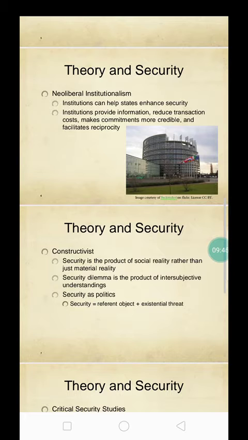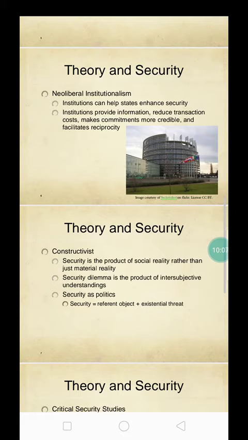So, constructivism says the world and what we can know about the world is socially constructed. It is important to understand the social relationship between the United States and Britain, and the United States and North Korea, which is perceived in a similar way by the states.